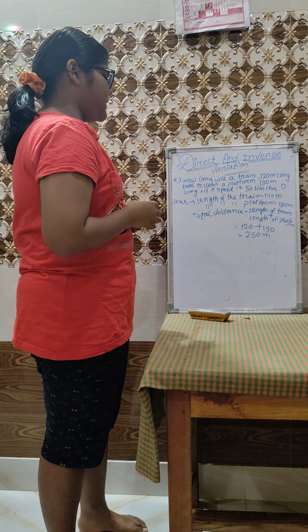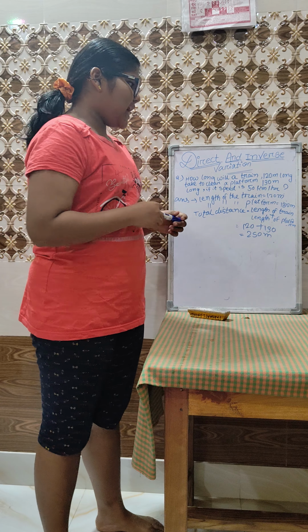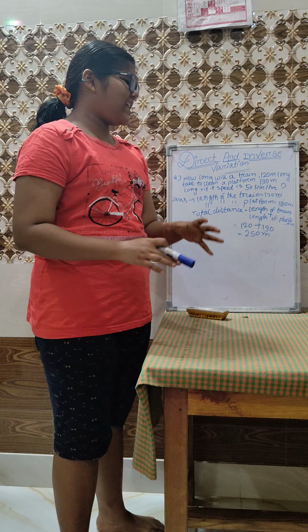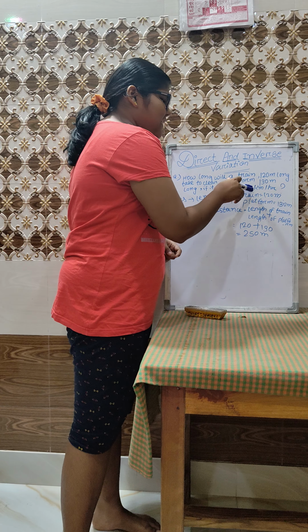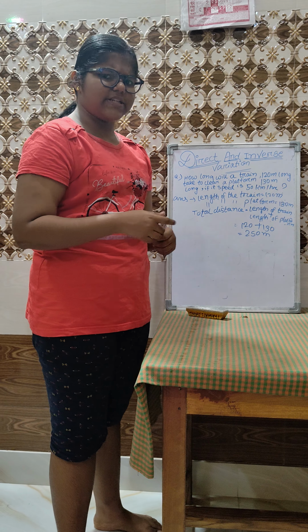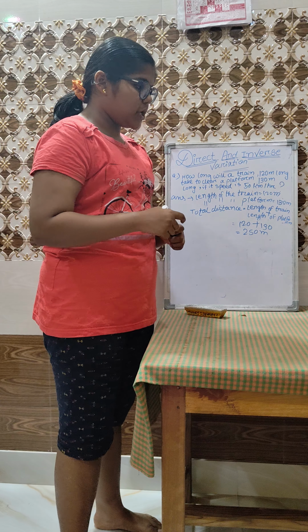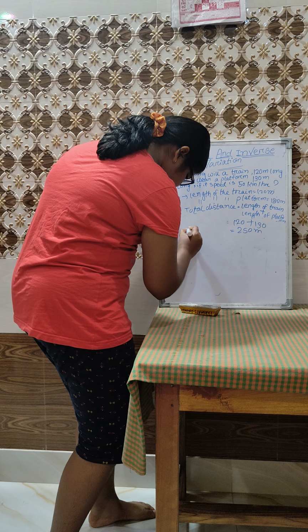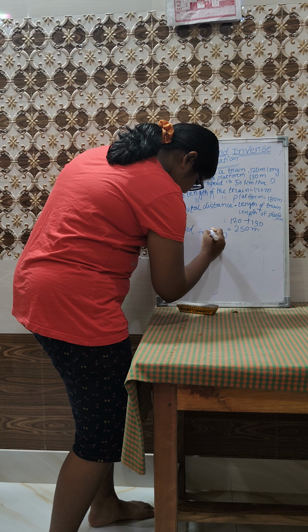Now moving on to the next sentence, if its speed is 50 km per hour. Now train speed is given 50 km per hour. But I feel something odd in here. What's the odd? That the speed is given in kilometer per hour, but our length is in meter. We have to also convert this into meter per second. So let's convert speed in meter per second.